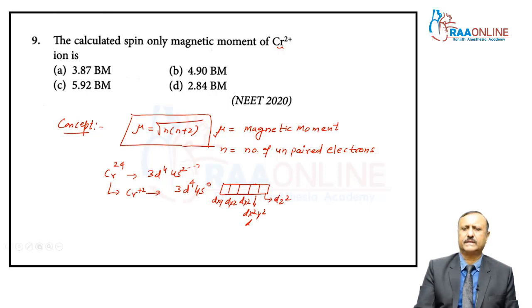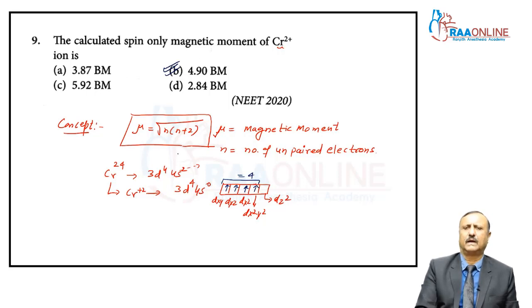Now we can fill the 4 electrons of d4 in these orbitals: 1, 2, 3, 4. Here you can see the total number of unpaired electrons is equal to 4, and when unpaired electrons are 4, the magnetic moment is 4.90. You can get the answer 4.90 directly.